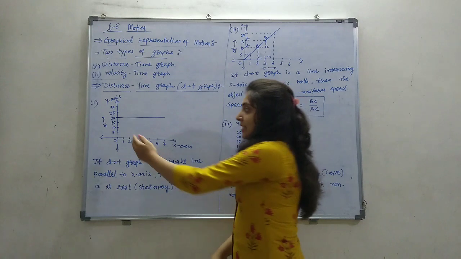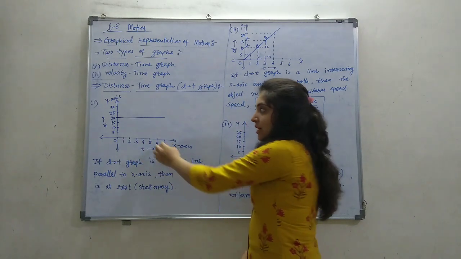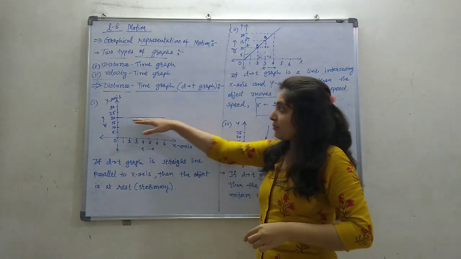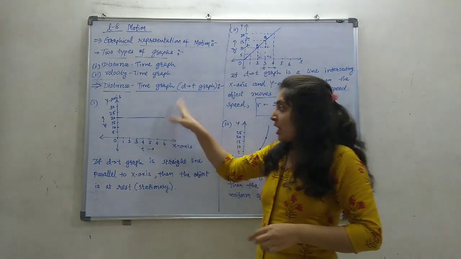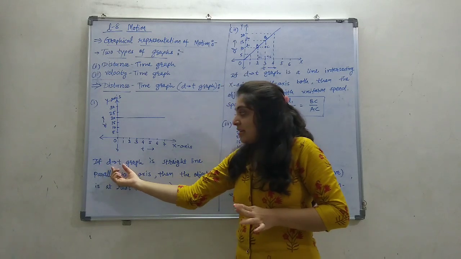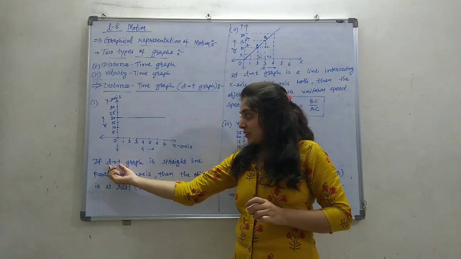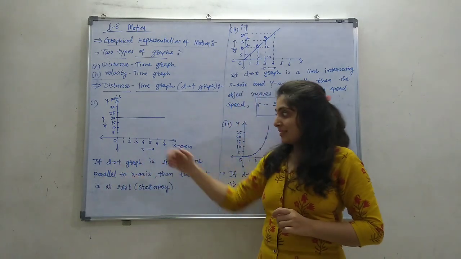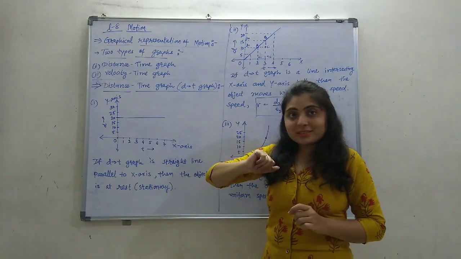So understand here, the time is passing, but the distance remains constant. It is not changing. It remains 20 only. So if the distance versus time graph is a straight line parallel to the x-axis, see, it is parallel to the x-axis.